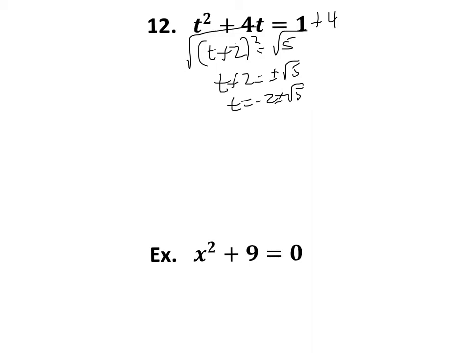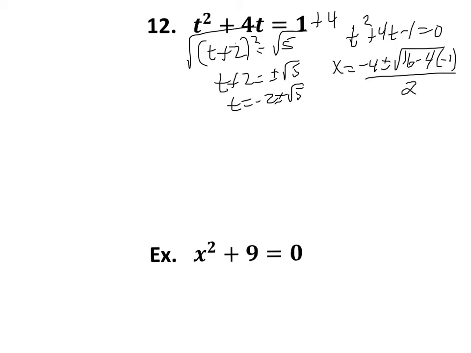Okay? So we got to minus that 1. So again, we get t squared plus 4t minus 1. So we get x equals negative b plus or minus the square root of b squared minus 4 times a, which is 1, times c, which is negative 1, all over 2a.